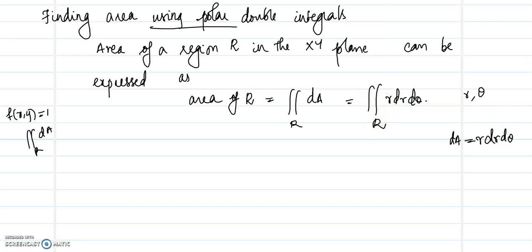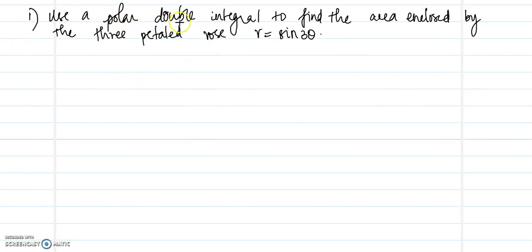So let us look at an example of finding a polar integral. Use a polar double integral to find the area enclosed by the 3-petal rose r equal to sine 3 theta. Now here the n value is odd.